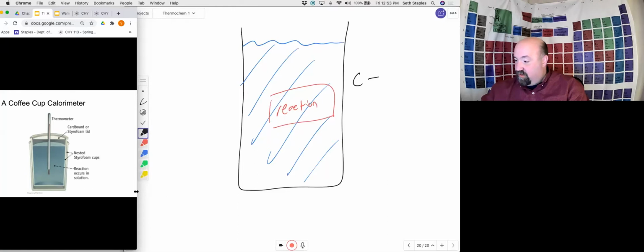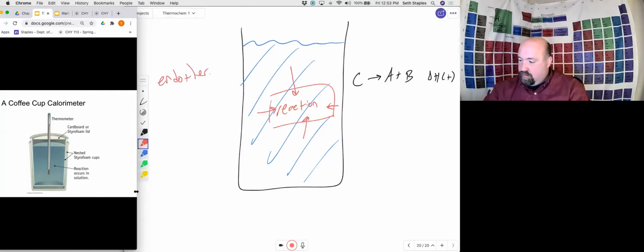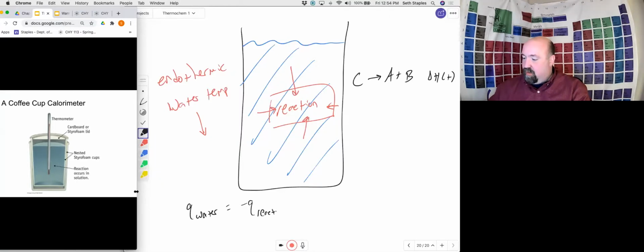Maybe it's just our reverse reaction, C makes A and B. So delta H is now going to be an endothermic process, so energy is going to come into the reaction from the water. The temperature of the water is going to go down. Same thing, we could then measure the heat of the water, Q equals mc delta T. We just measure the temperature change of the water, which is equal and opposite to the energy change of our reaction.